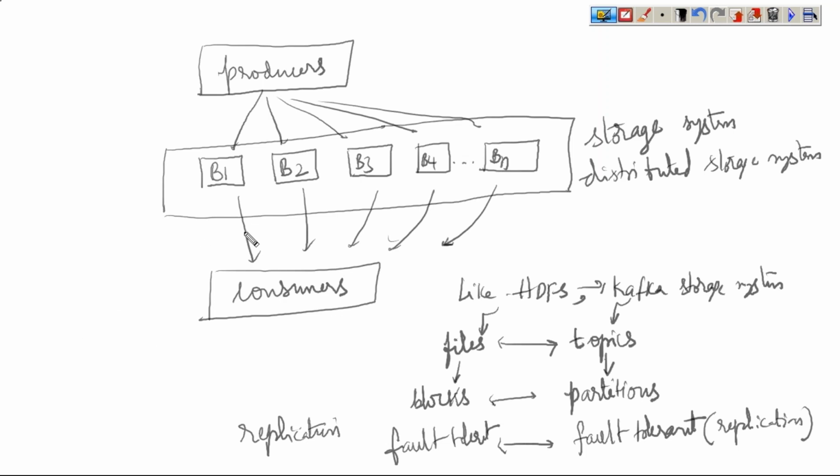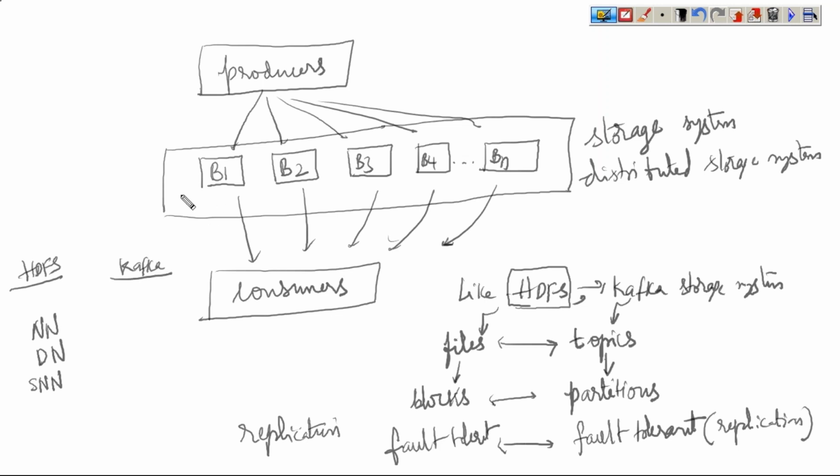And what are the processes that run in HDFS? Name node, data node, and one more process. What is it? Secondary name node. Name node, data node, and secondary name node. Okay, these are the processes that run in HDFS.